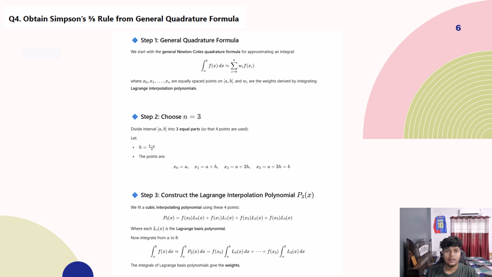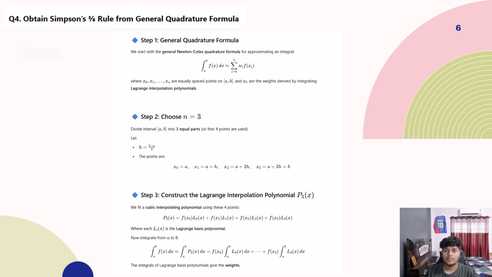We approximate the integral of f(x) dx from a to b by integrating the cubic polynomial p(x) that interpolates f(x) at these points. Using Newton-Cotes quadrature, we compute the weights by integrating the Lagrange basis polynomials for 4 points. The interval [a, b] is split into three subintervals, so h equals (b minus a) by 3.